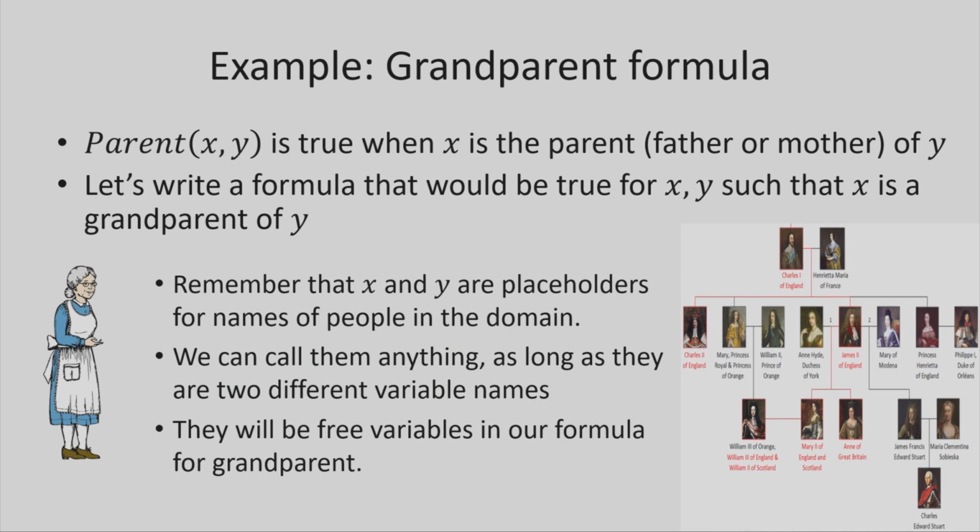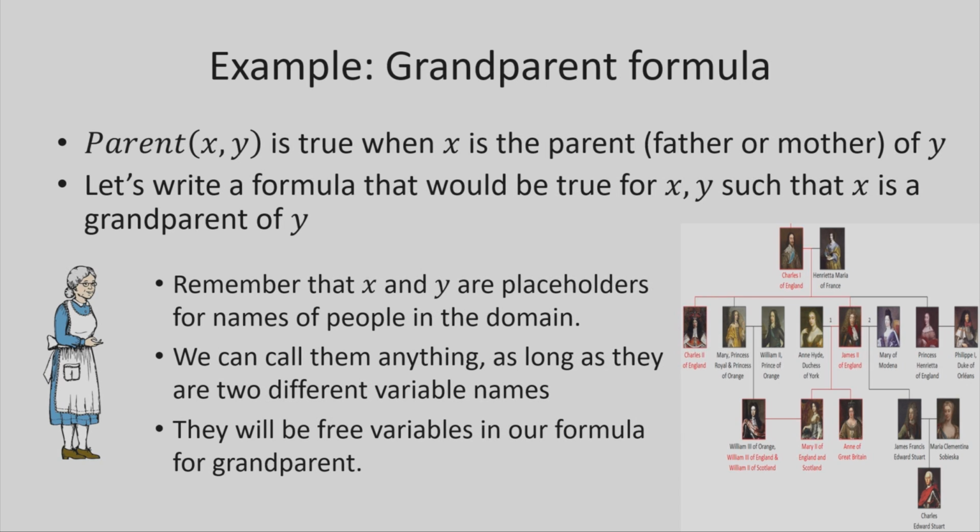So we have a predicate, a query for a parent. But if you want to find out if somebody is a grandparent of somebody, let's write a formula that takes two variables, names of people X and Y, and returns true if X is a grandparent of Y, and returns false if X is not a grandparent of Y.